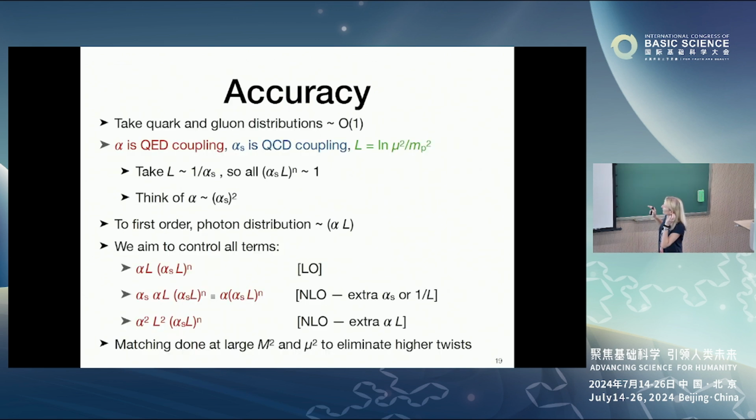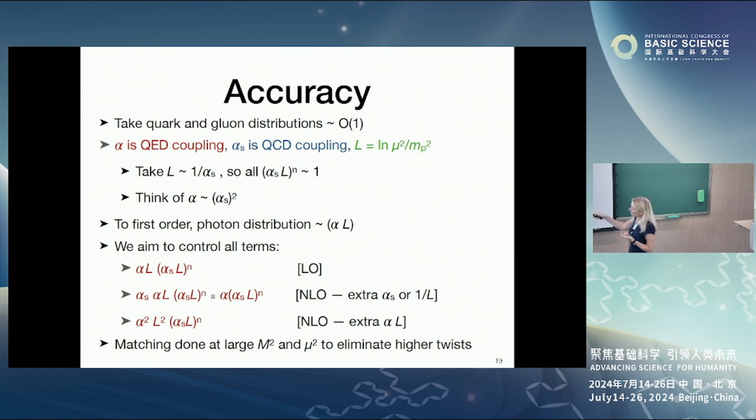And so this is a bit technical, but I just want to say that typically, when you think about evolution, you always count alpha times a log of a collinear splitting as order 1. So quarks and gluons, we know they are order 1. Formally, they are of order alpha s times a log to all orders. So this we take as order 1.